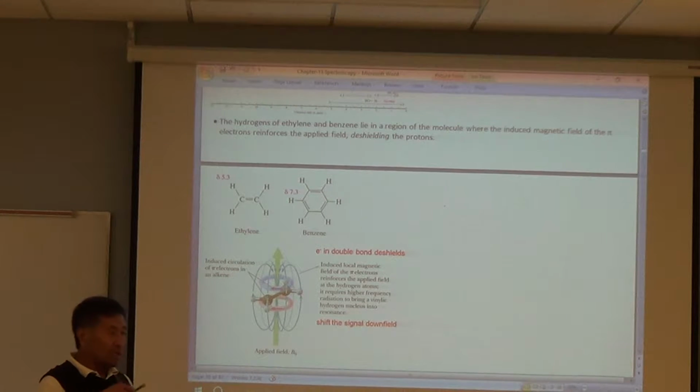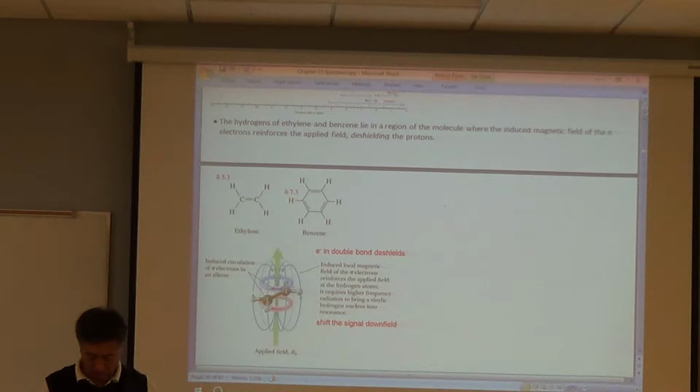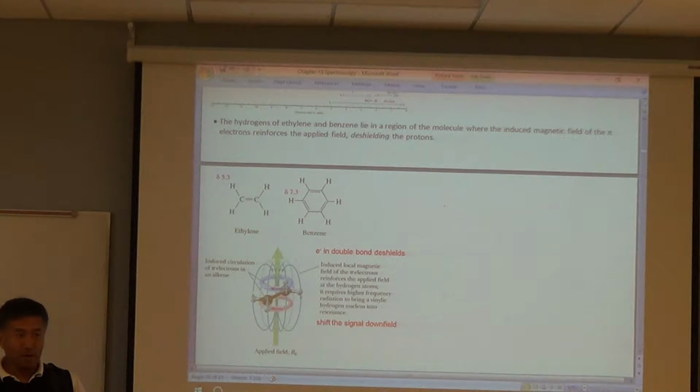That means it takes away some part of your B0. So that kind of effect, we call deshielding. And deshielding means your proton will have a larger delta.